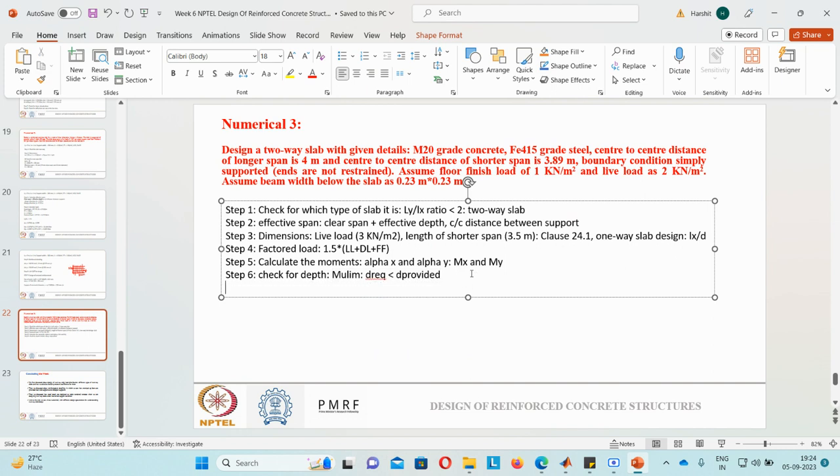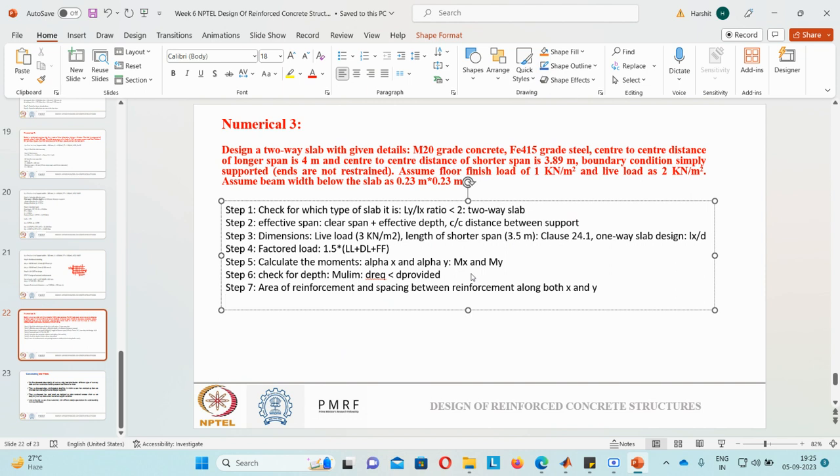Now when the check of depth is done, you calculate the area of reinforcement and spacing between reinforcement. This you will do along both x and y direction. When you calculate area and spacing, there are two things that you need to check.